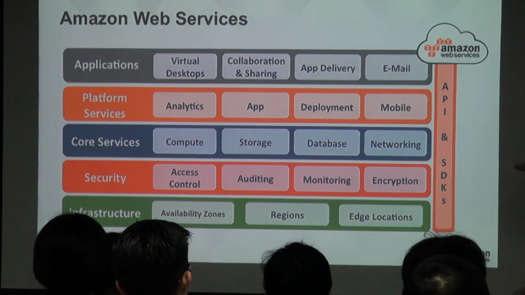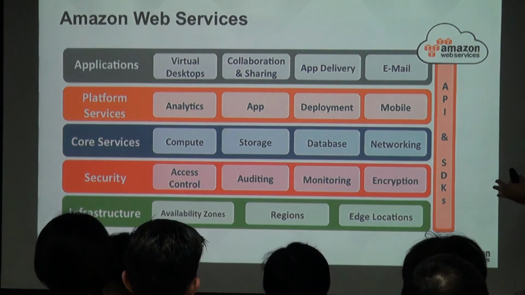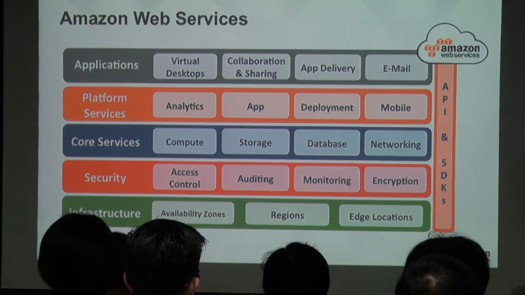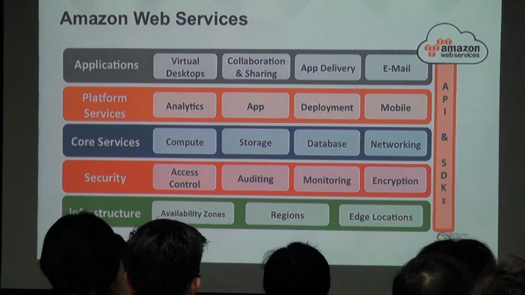On top of that, we stack what we call platform services. Those are higher level services, up the stack, I call them. Here we look at managed analytics services, managed stream storage, managed Hadoop clusters, etc. We look at services that allow you to completely deploy your applications out, or even have mobile services where you can directly talk from a mobile phone to it without managing any servers, effectively allowing you to build complete serverless infrastructures.